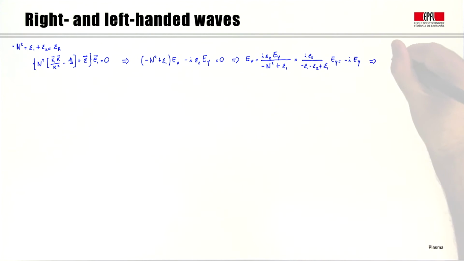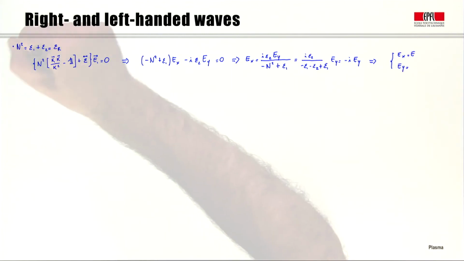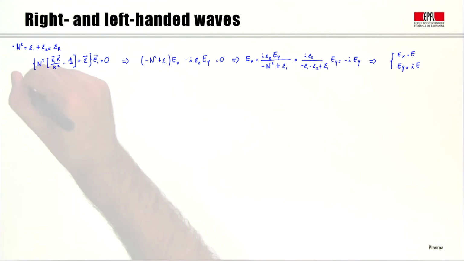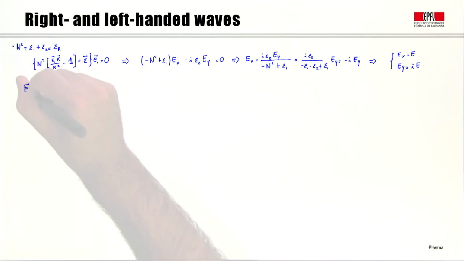Well, what does it mean? If we call Ex E, we will have that Ey will be, for the right-handed waves, equal to iE. Okay, this is a relation in Fourier space. How can it be translated in real space?